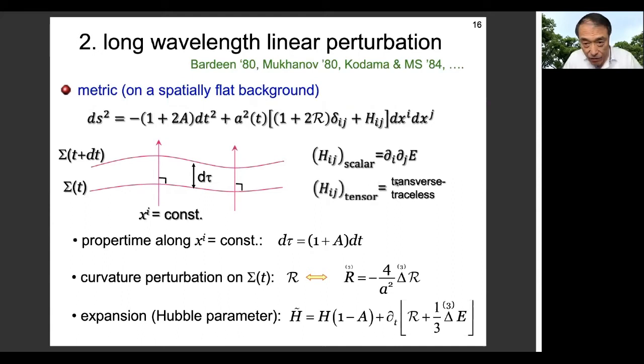Tensor may give small corrections to the curvature, but these are usually completely ignorable.